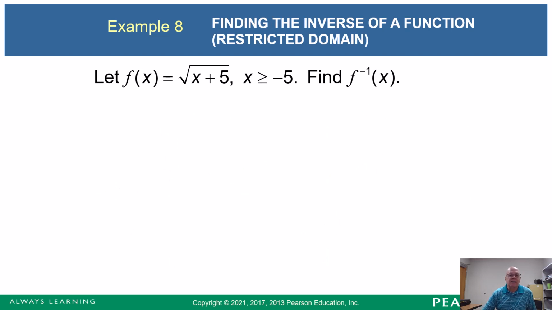Okay, so let's take the inverse of a function with a restricted domain. Why is it restricted? Well, take a look at that x plus 5, where it is. It's inside the square root. If it's inside the square root, then this x plus 5 has to be greater than or equal to 0.